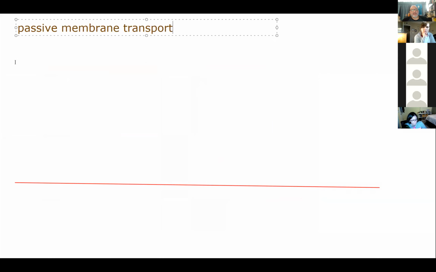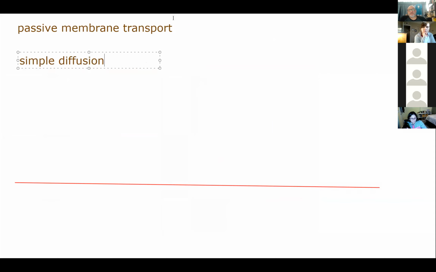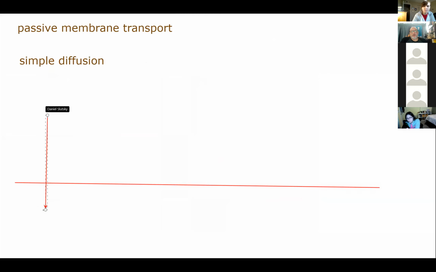One type is just simple diffusion. Simple diffusion is when a substance passes right through the plasma membrane without any help at all.